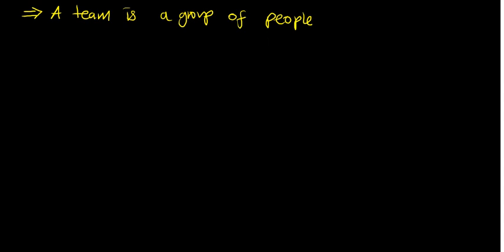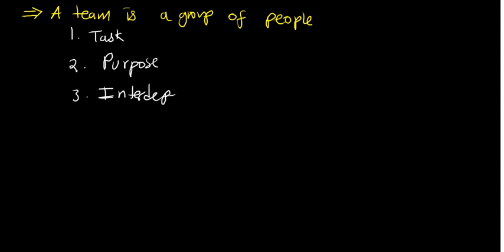The second is their purpose, and the third one is interdependence, and then the fourth one is formal structure, and then lastly, the way they differ is familiarity.